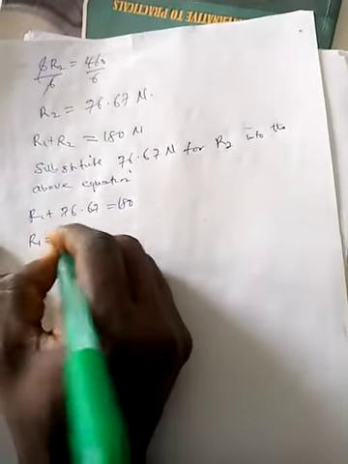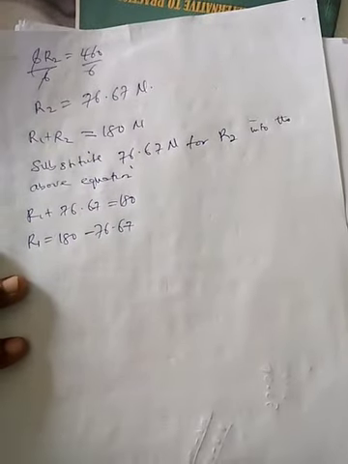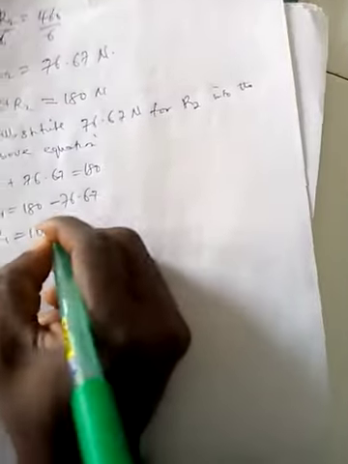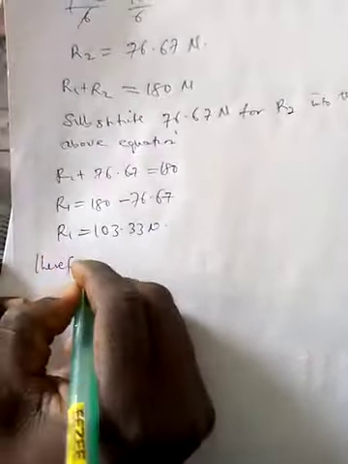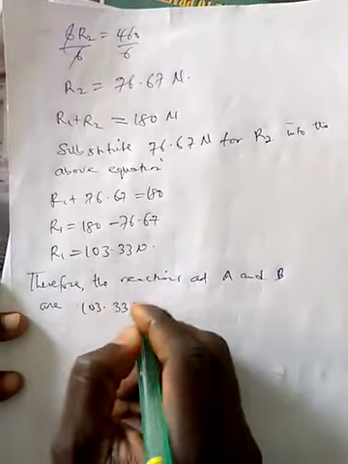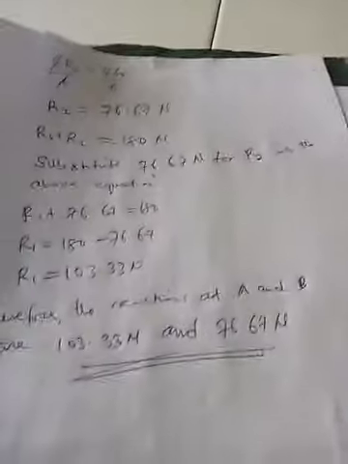So R1 equals 118 minus 87, which gives R1 equals 31 newtons. So therefore, the reactions at A and B are 31 newtons and 87 newtons. All right, thank you. See you next time.